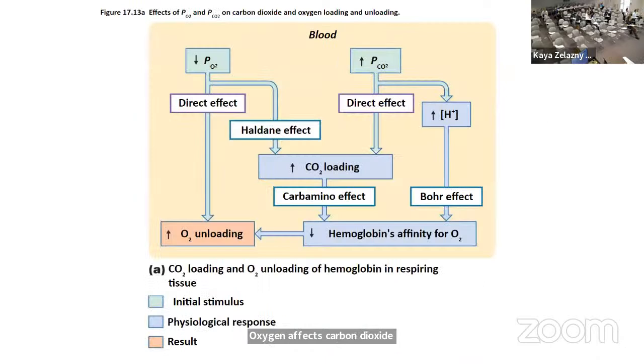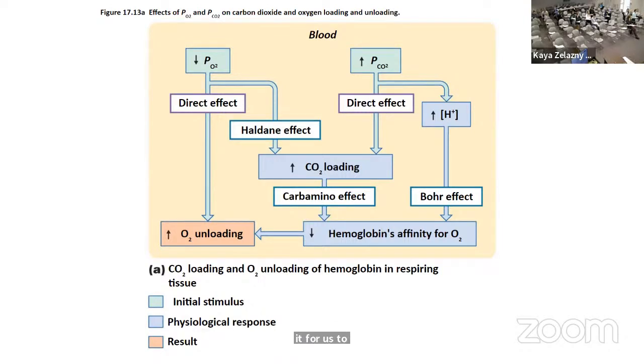So when we're looking at the blood overall, and thinking about transport of these gases, what we're really trying to figure out is how easy is it for us to get oxygen onto our hemoglobin in the lungs? How easy is it for us to unload that oxygen at tissue?